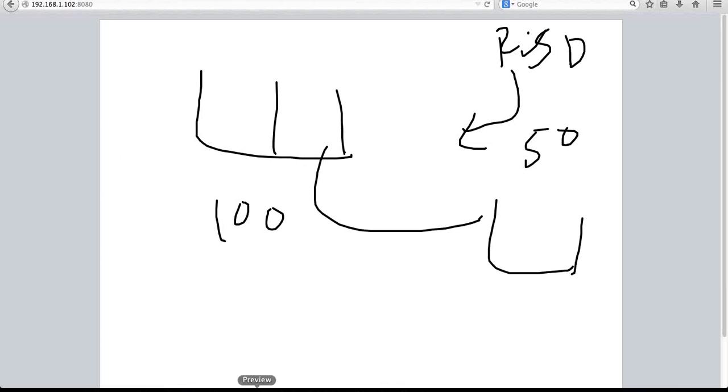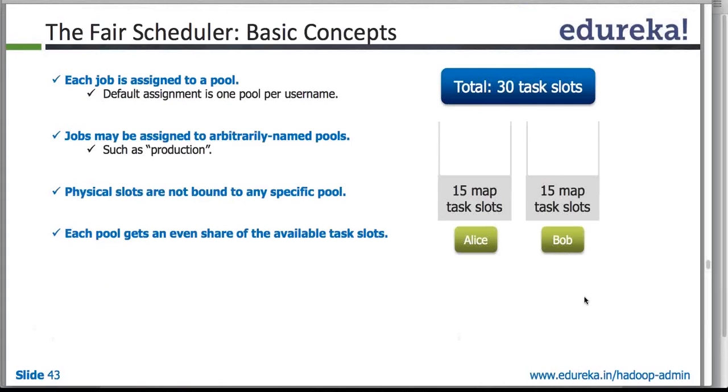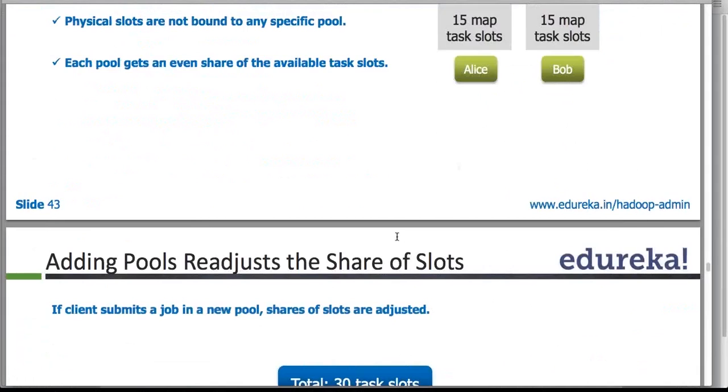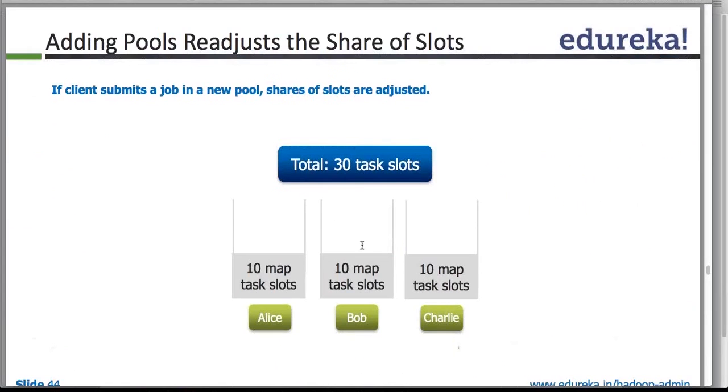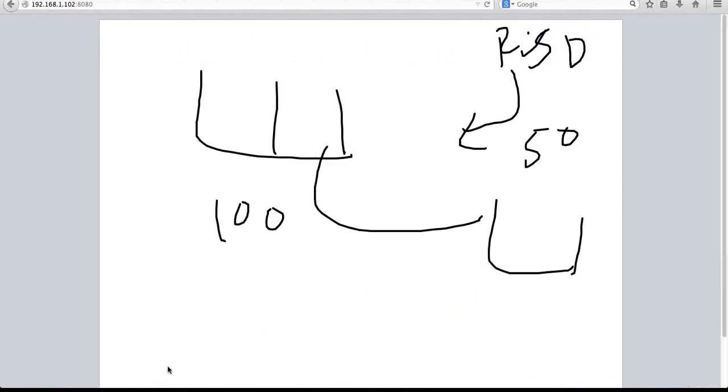This is what fair scheduling is doing. I guarantee them slots. If no other user is there, I can use the entire cluster. But if another user comes, I have to give them the guaranteed slots and I will be moved down to my share, not lower than my share.